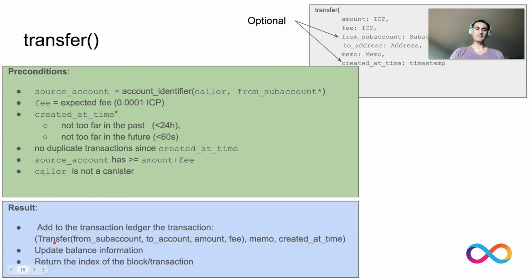We add to the transaction ledger a block consisting of the parameters specified in the call: a transfer from account to account, amount, fee, memo specified, and created at time calculated as I explained. Then we also update the balance information, and we return to the caller the index of the block in the transaction ledger.